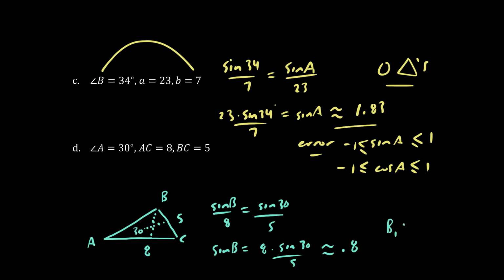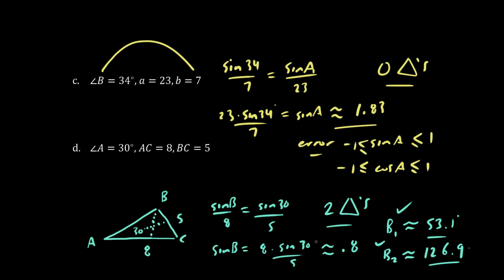Hitting sine inverse, we have our possible B value of 53.1 degrees. 53 and 30 seems small enough, so this is correct. Now let's try 180 minus B1. We have B2, which is 126.9 degrees. Although this is large, 127-ish, when we add 30 to that, we do not exceed 180 degrees. So there's two possible solutions, two triangles.